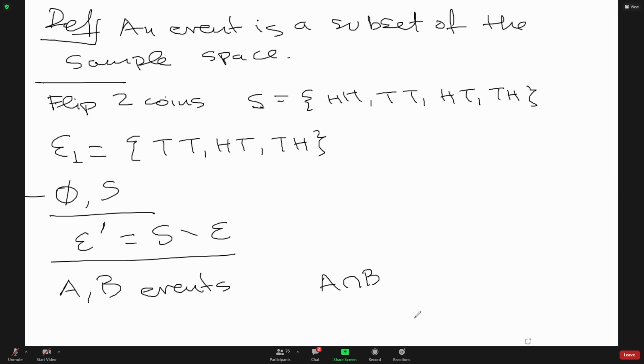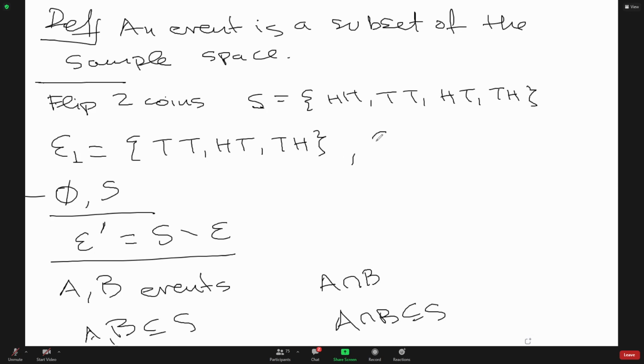If they don't have an intersection, and if we consider the empty set as an event, it will surely be. So this is also an event because if A and B are events, it means that they are subsets of S, so their intersection is also a subset of S. It is an event consisting of all the outcomes that are common to both events.